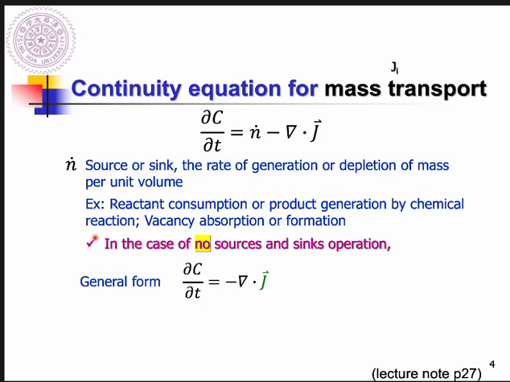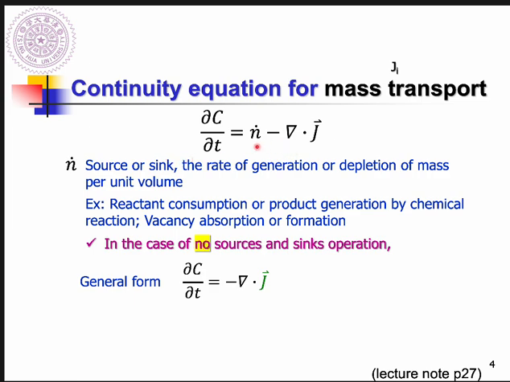As we have shown you before, the continuity equation for mass transport can be written as: how the concentration changes with time equals the source or sink, the rate of generation or depletion of mass per unit volume, which means that this box, your box of interest, can generate or deplete some atoms, plus the flux surrounding it. This is what we call the continuity equation for mass transport.